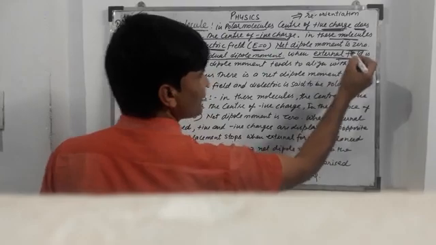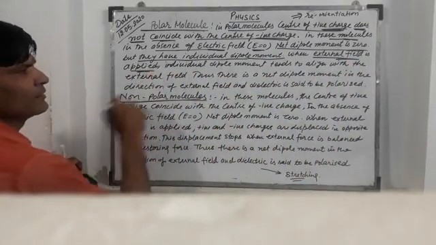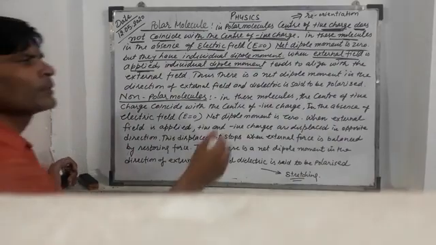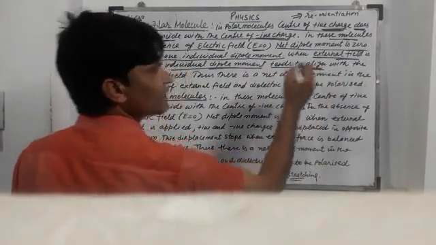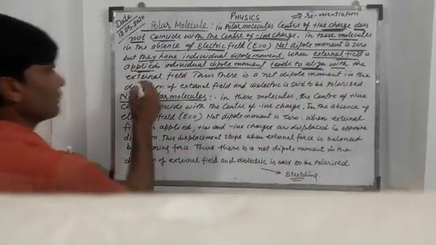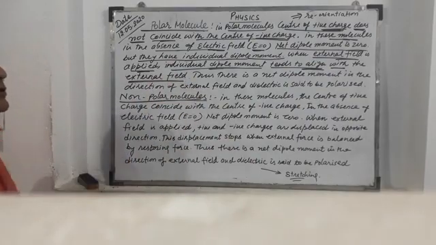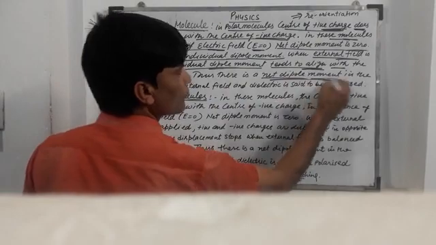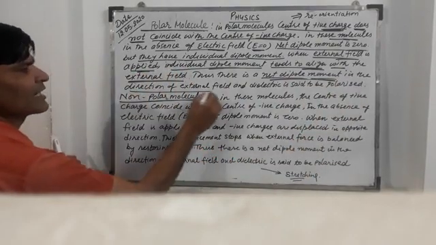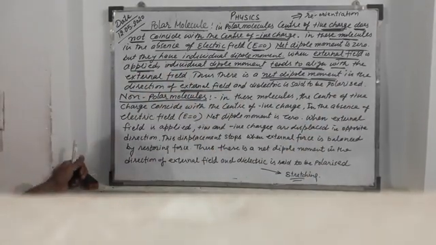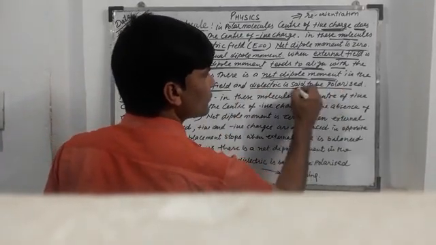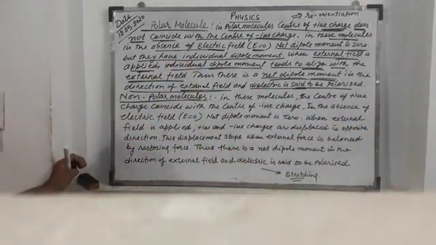When an external field is applied, the individual dipole moments tend to align with the external field. Thus, there is a net dipole moment in the direction of the external field and the dielectric is said to be polarized.